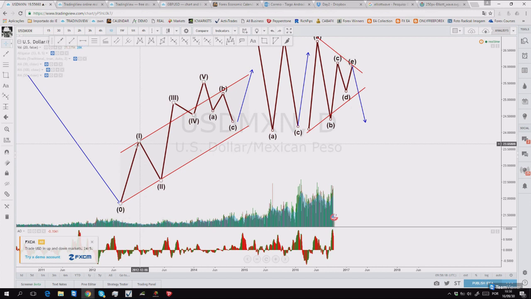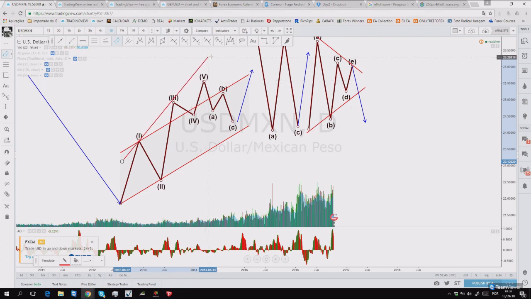So if you have a channel here on a trend line on the start of wave 1 and then wave 2, and you pull it to wave 1, this break actually tells you, okay, we're in wave 3. So this confirms that you're in wave 3. And then when you have a confirmation you're in wave 3, you can actually do the opposite, do another channel on the tops of wave 1 and wave 2.